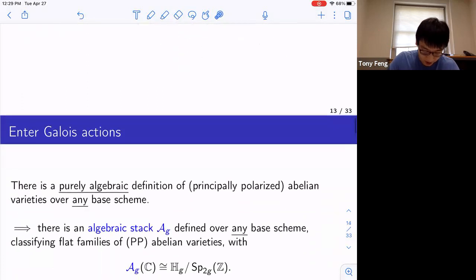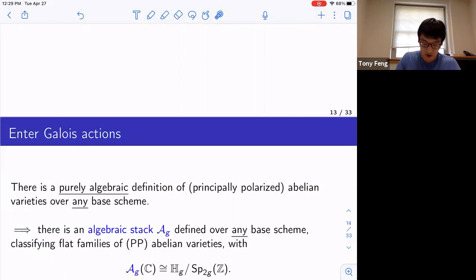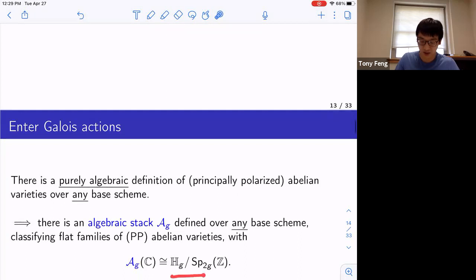And so that implies that there is a notion of an algebraic stack A_g, which makes sense over any base scheme. It'll classify flat families of principally polarized abelian varieties of dimension g. And if you take the complex points, you'll get the thing that we had just discussed, this upper half space mod Sp2g(Z). So that justifies the notation we had been using.